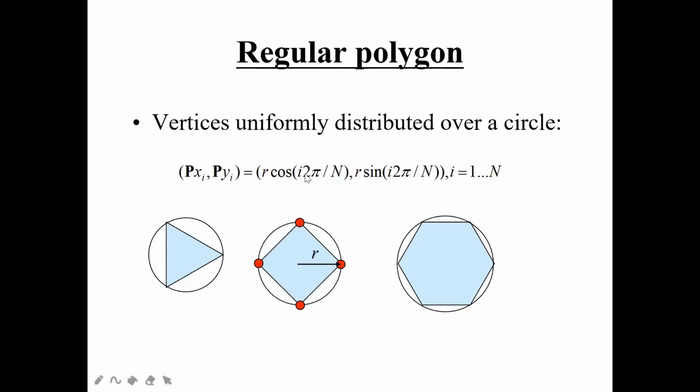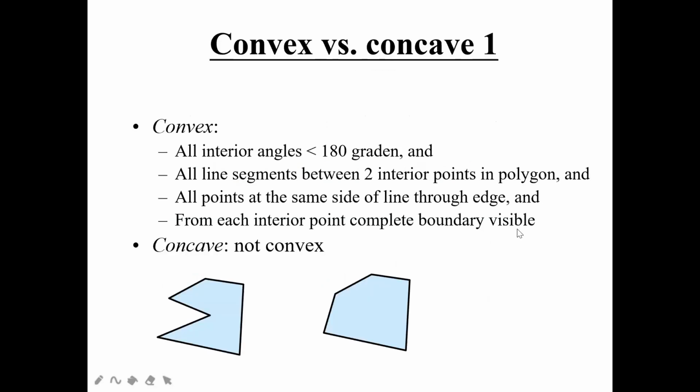So if I multiply the i value with that, then however many vertex points I have selected, it will just touch all the vertex points. Okay, that is the reason I have written r cos theta, comma r sin theta, where i varies from 1 to n. So this is the formula for your regular polygon.